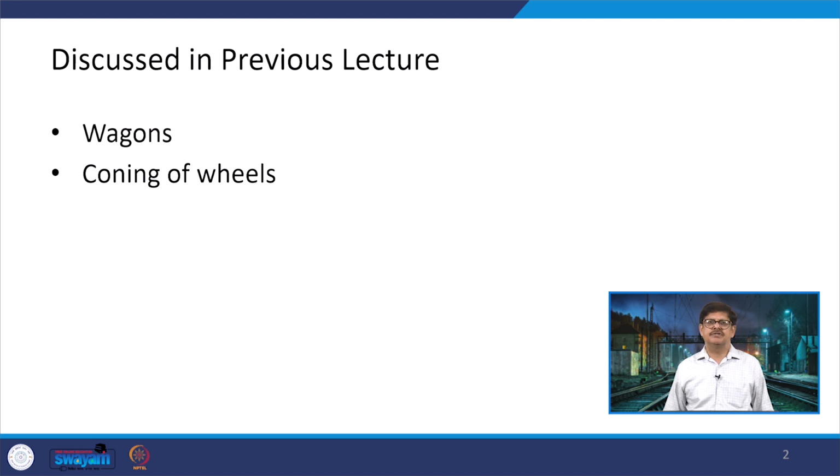Another aspect we discussed was the coning of wheels: the issues faced by the flat wheel system and the remedial measures that came up in terms of coning of wheels. But the coning of wheels also created some issues, and they were remedied by the tilting of rails. When the tilting of rails also had some issues, it was rectified using the adzing of sleepers or the use of canted bearing plates.